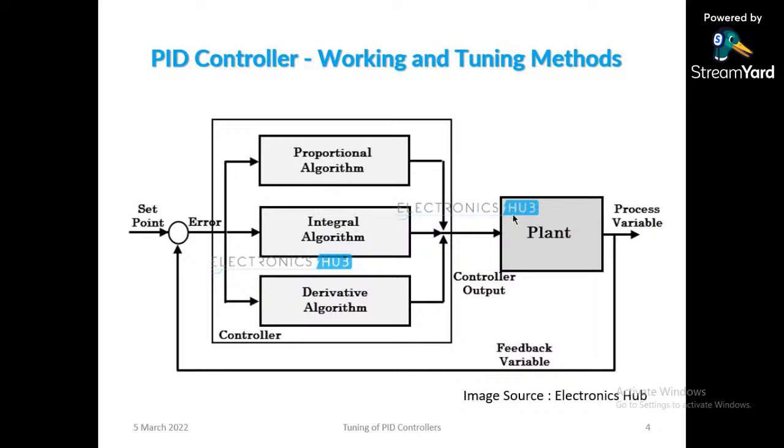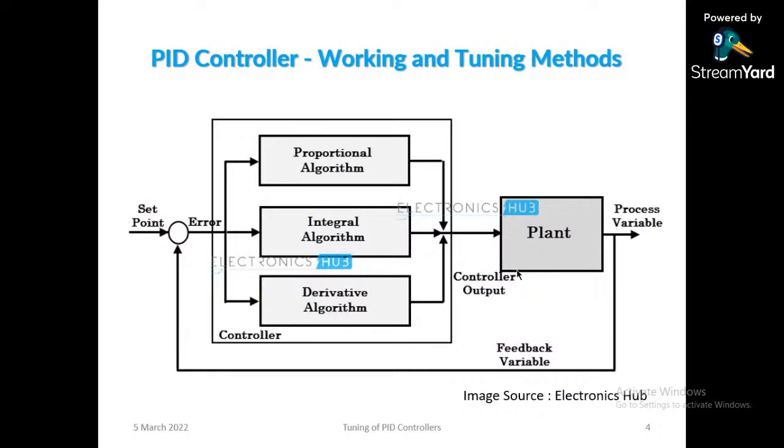Means error is 0, so reference input is equal to actual output. In that case, your PID controller will turn off that inlet valve.